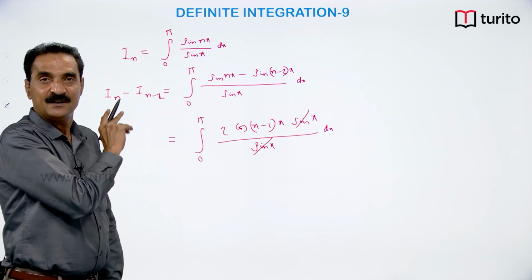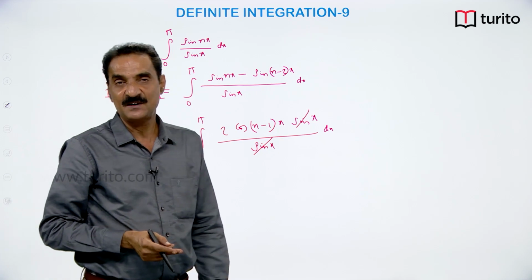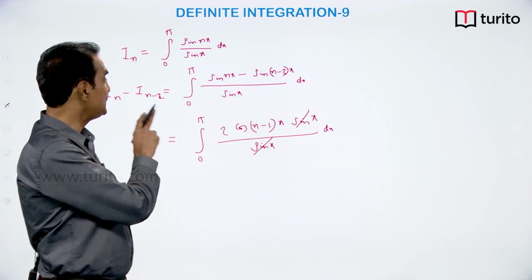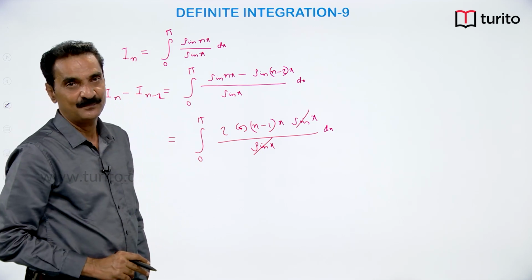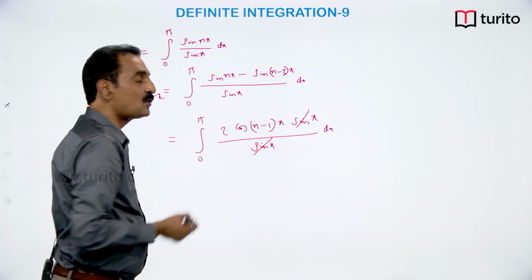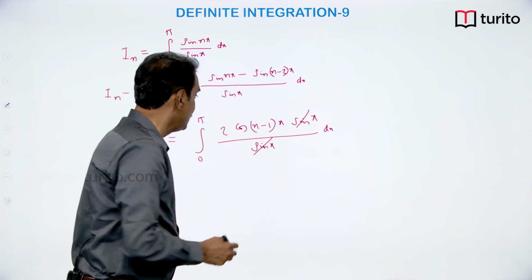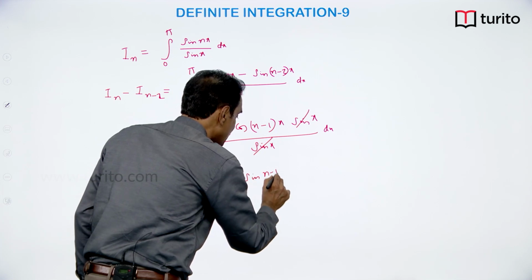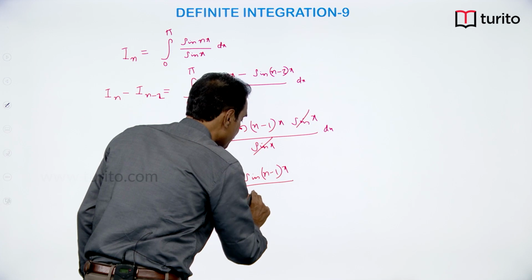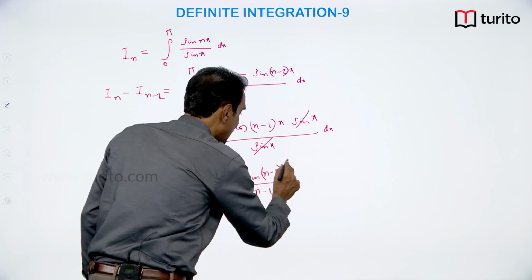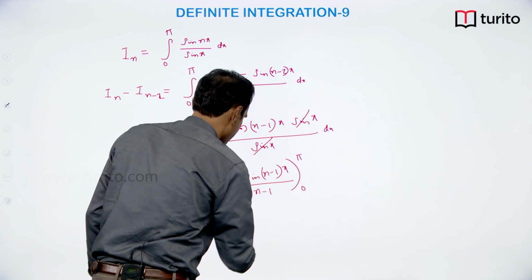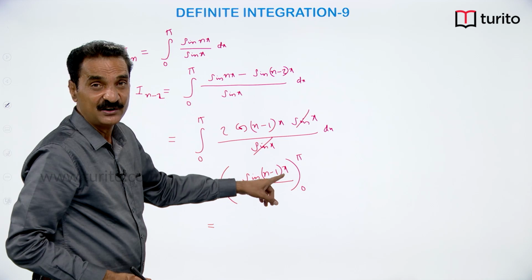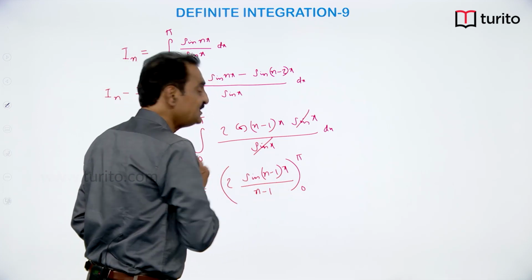So remember this, usually we try In minus 1, that is the general approach, but sometimes if it is not working, then check In minus 2. Now what is the integral of 2 cos (n minus 1)x? It is 2 sin (n minus 1)x by (n minus 1), and substituting limits 0 and pi, sine of (n minus 1) pi is 0 and sine 0 is 0.